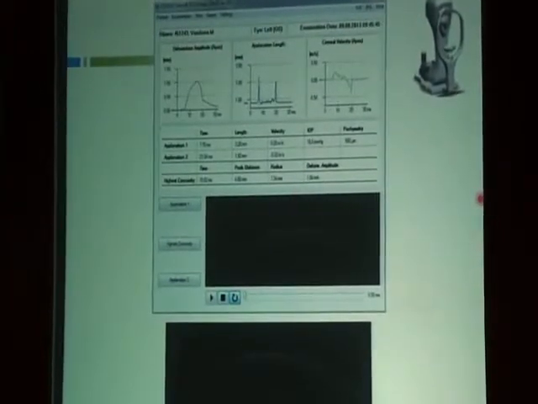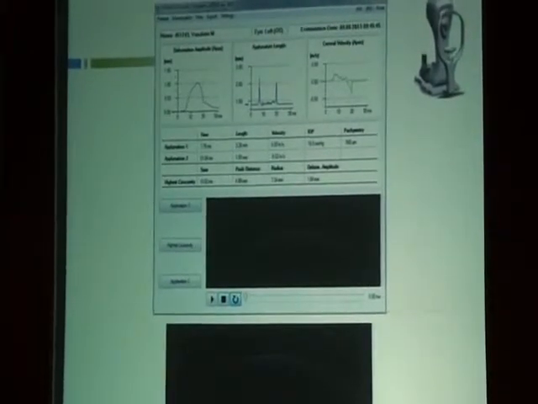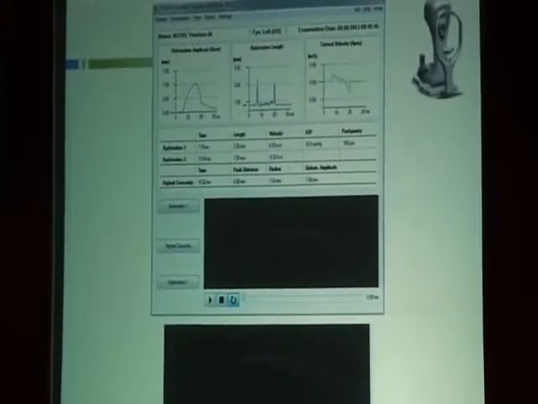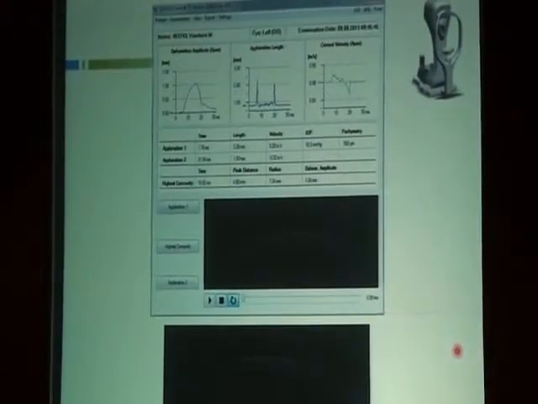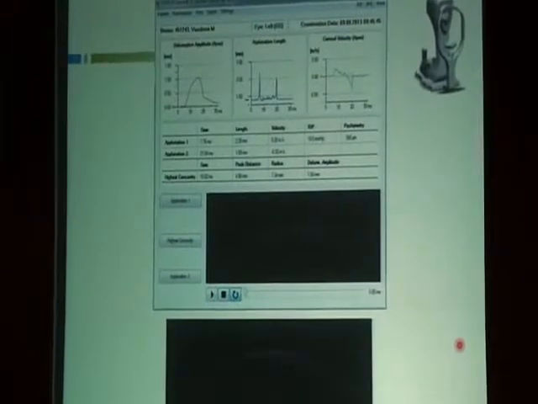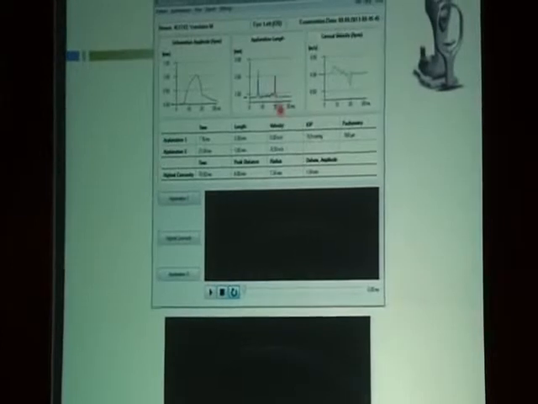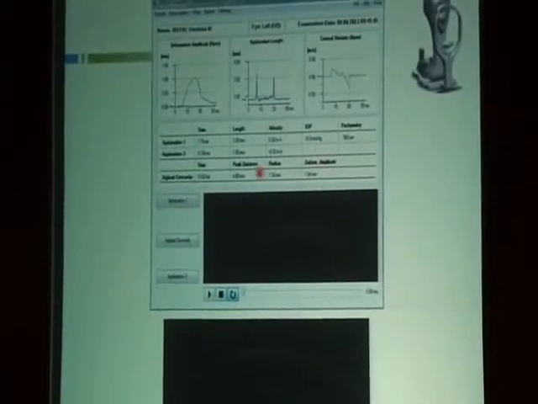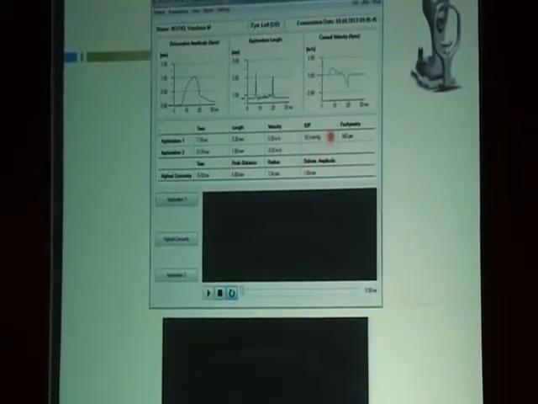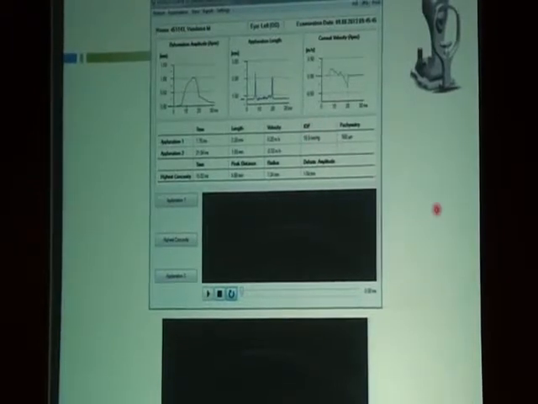Coming to the Corvis, Dr. Rajesh has already explained the deformation amplitude, and the other parameters like the corneal velocity, the applanation length, and others that can be obtained along with the intraocular pressure.